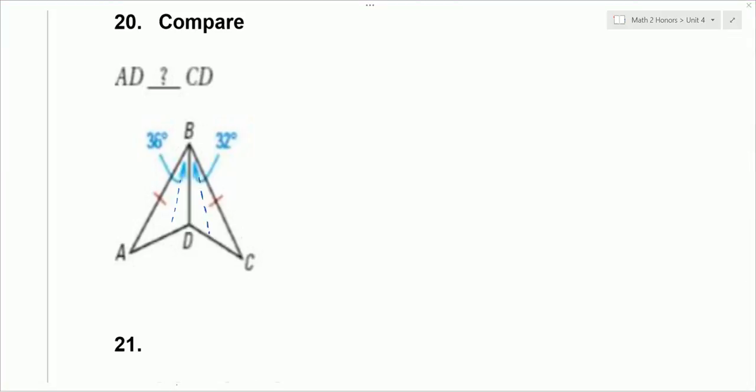And a fact that we need to know is if we have two sides that are congruent, in this case we do, we have AB congruent to BC, and we have BD congruent to itself. It's shared between the triangles. Then the angle in between those two congruent sides we can compare. In this case 36 is larger than 32, which indicates that AD is going to be larger than DC. So that is our answer.